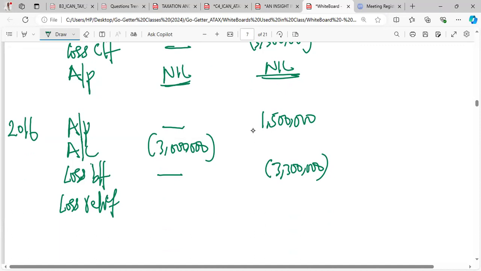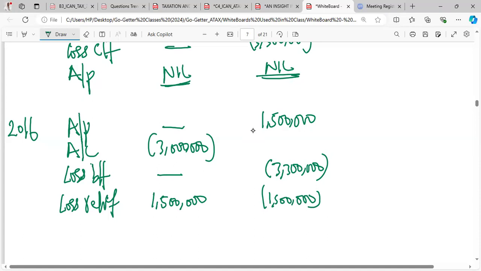So you take 1.5 here and relieve it. So it means here 1.5 is going down. It is this one that is being used here to relieve this. This one is not being relieved.